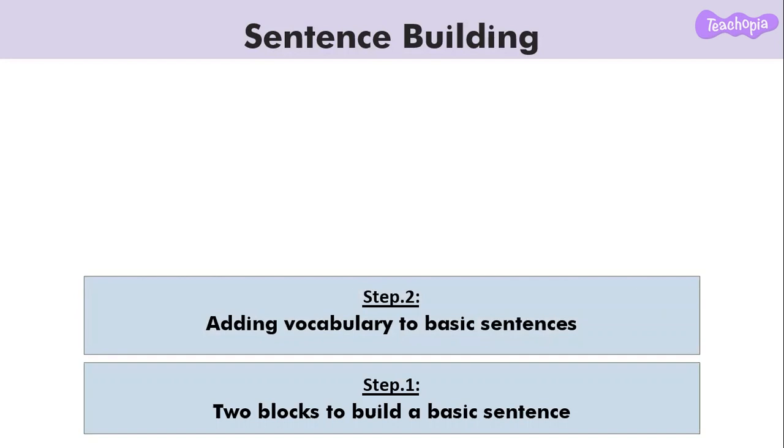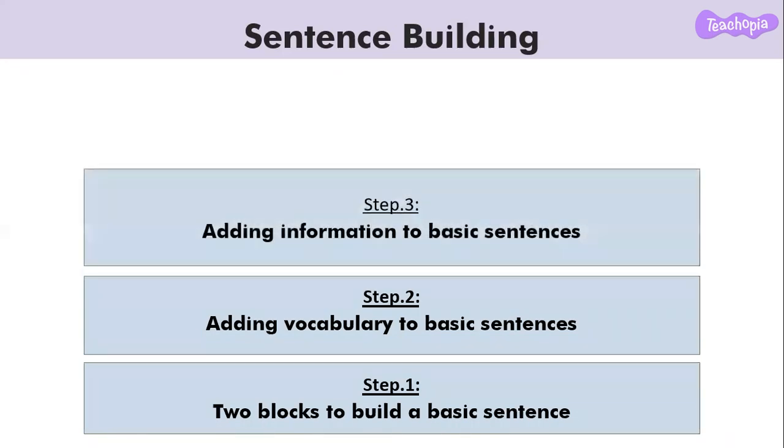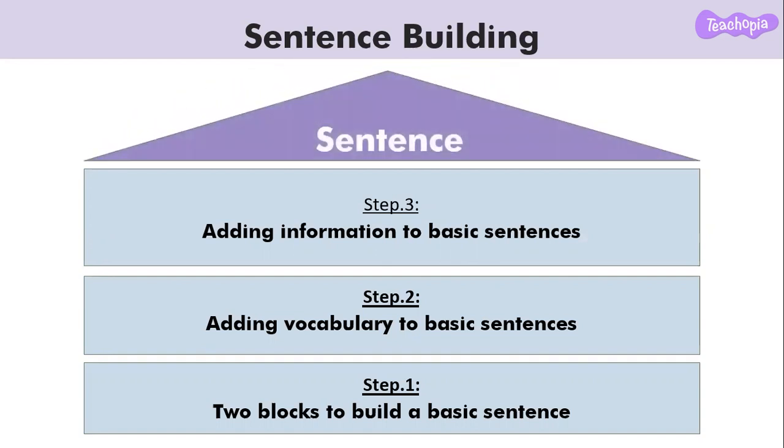That is, we need to learn how to make our sentences richer and nicer and better with vocabulary. Third is, we need to add information to basic sentences. How do we extend our sentences? How do we add important information to our sentences? So these are steps 1, 2, and 3 that we would need to get familiar with to construct sentences.